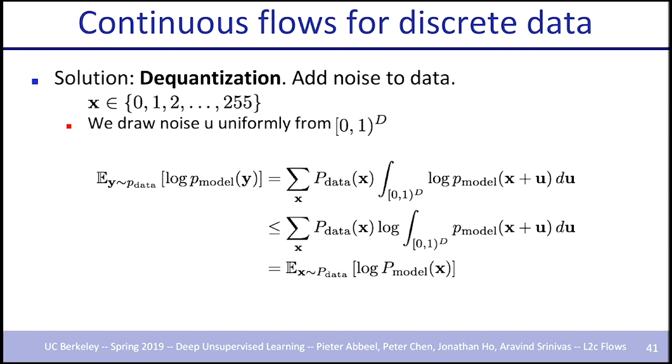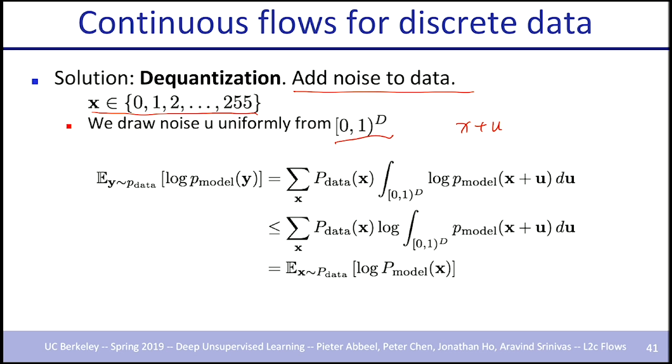So the solution to fit a continuous density model with discrete data is called dequantization. Basically we turn it back into a continuous variable, and what it really means is that you add noise to the data. Let's say my data goes from 0 to 255 in integers, and I would sample random noise uniformly from this unit cube, and then fit my model to this.